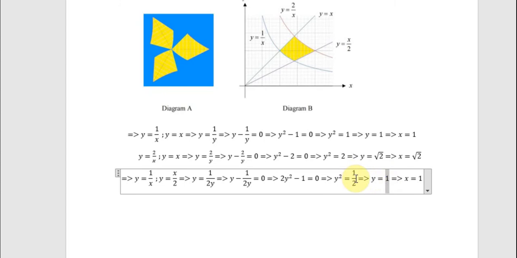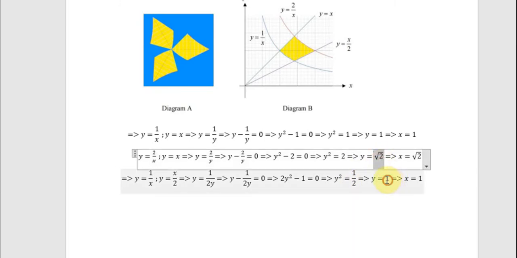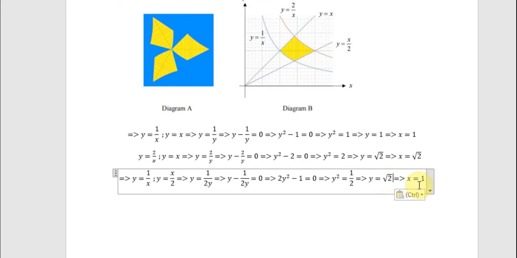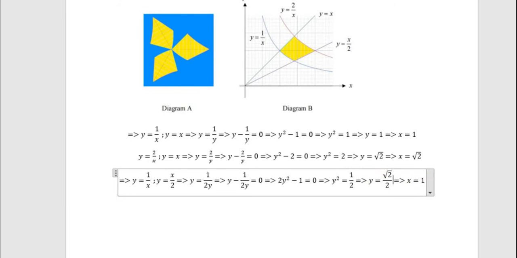This changes to square root of 2 over 2. In this situation you see that y equals square root of 2 over 2, and s becomes the square root of 2.